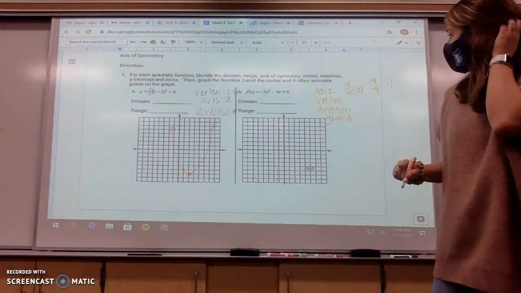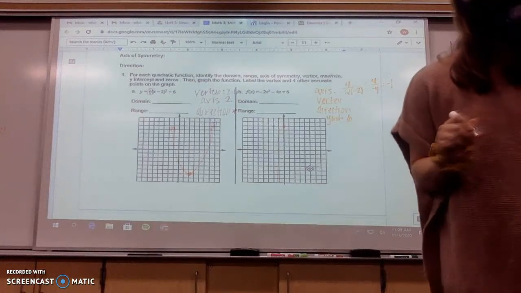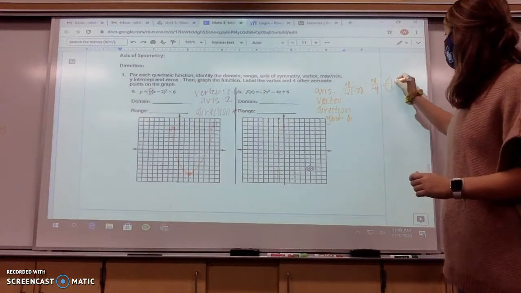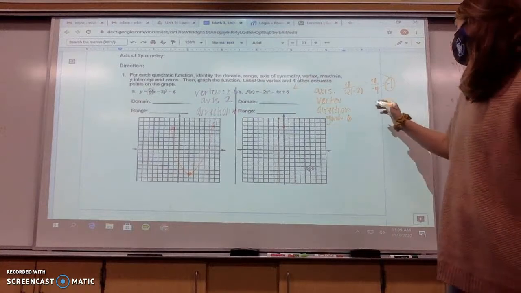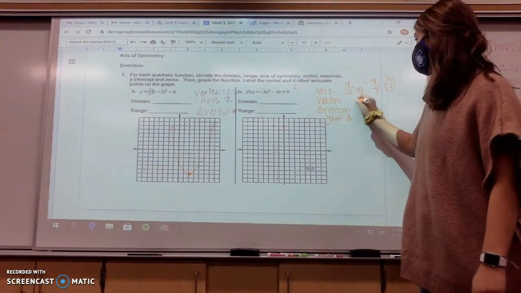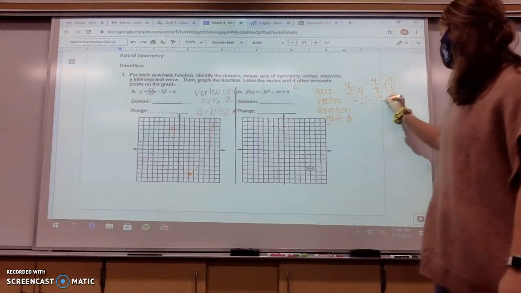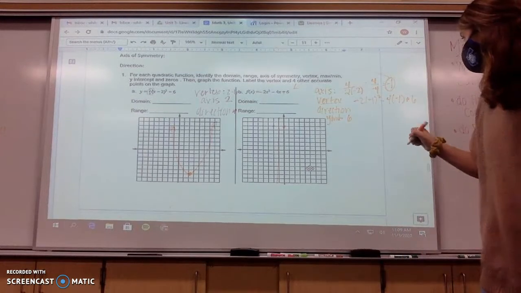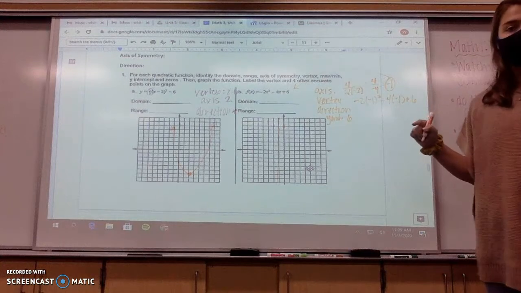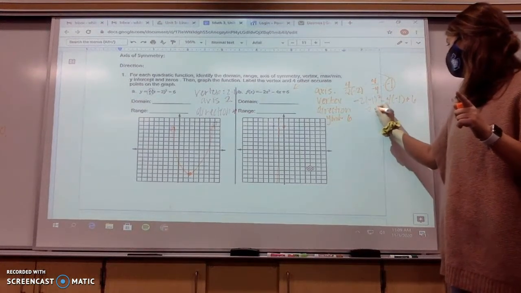Okay. My vertex, okay, I need to plug in this -1 into that equation. So I'm going to plug in -1. I'm going to do -2 times -1 squared minus 4 times -1 plus 6. -1 squared is +1. +1 times -2 is -2.